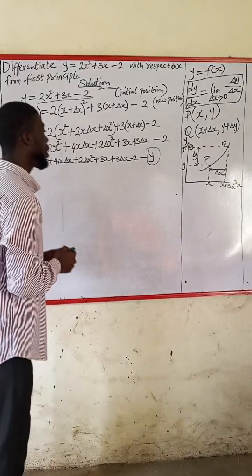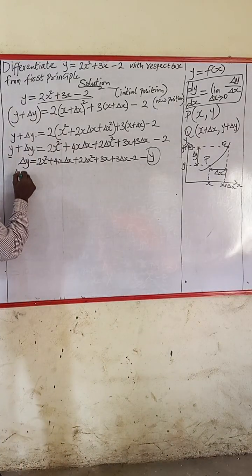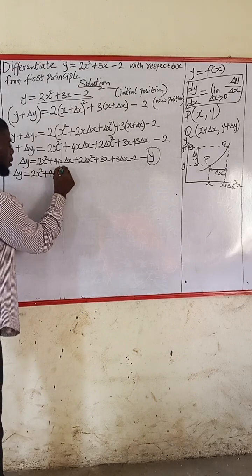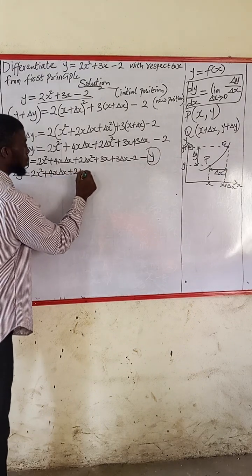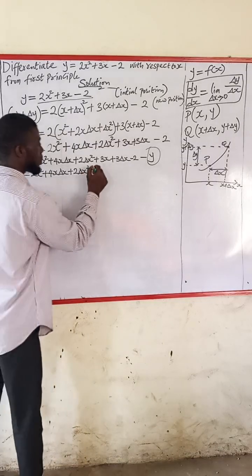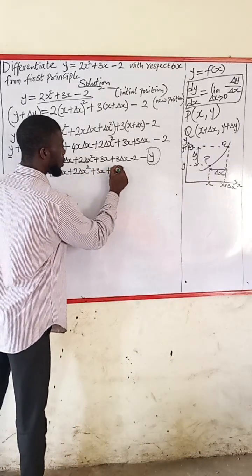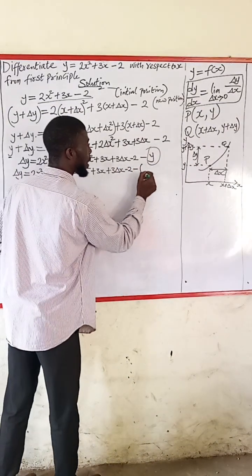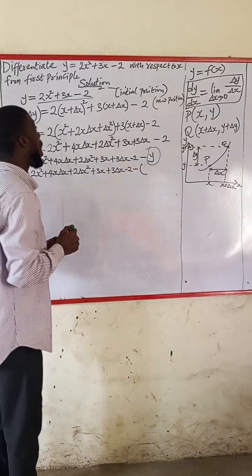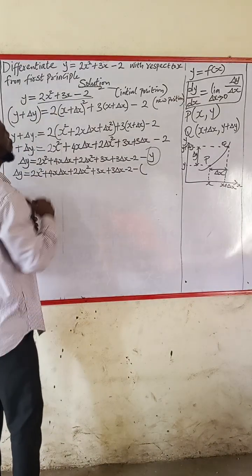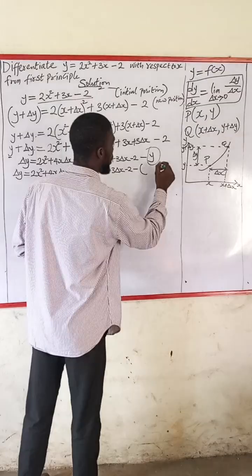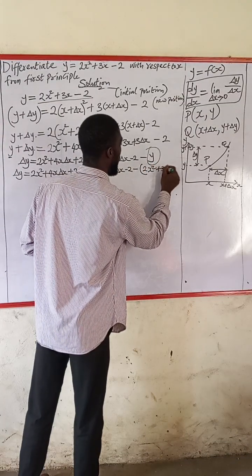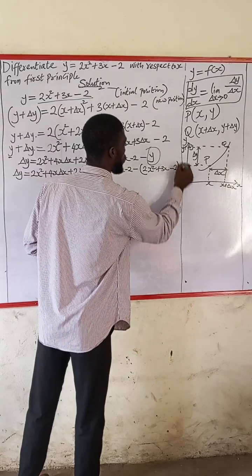So we are going to substitute the value of y into this equation. So this becomes that changing y is equal to 2x squared plus 4x changing x plus 2 changing x squared plus 3x plus 3 changing x minus 2 minus bracket. We substitute the value of y. What is y? Y alone is 2x squared plus 3x minus 2. So we'll write this as 2x squared plus 3x minus 2.